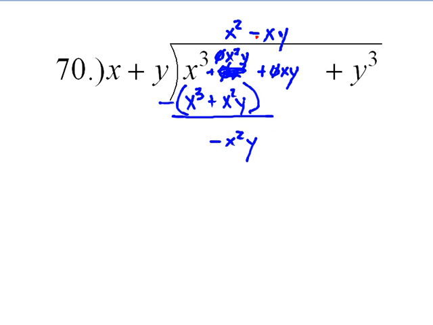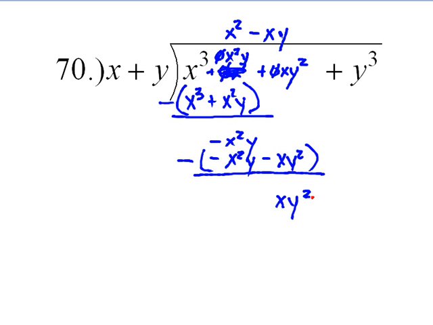Okay, so negative xy times x is negative x squared y, and negative x times y is negative x y squared. It should be a y squared. We subtract our second line, and we get x y squared.